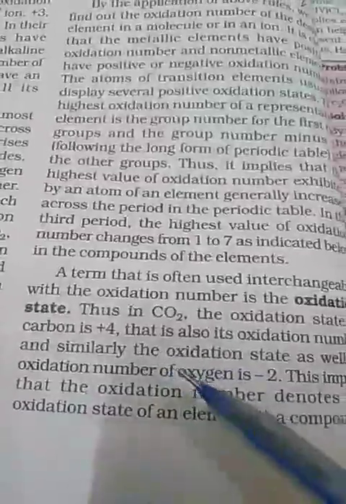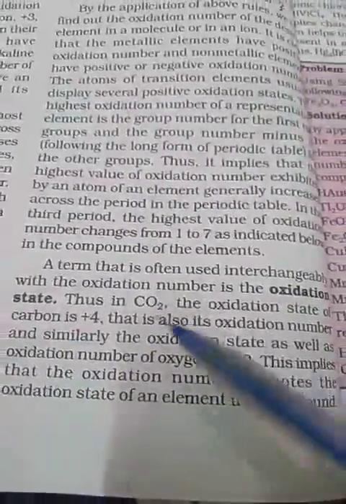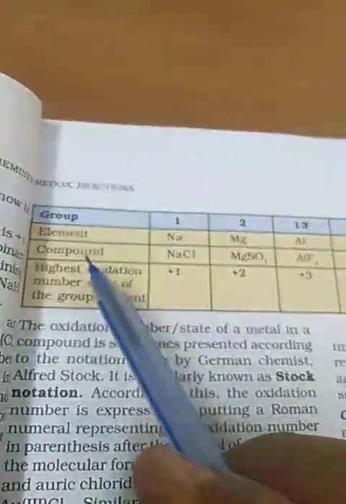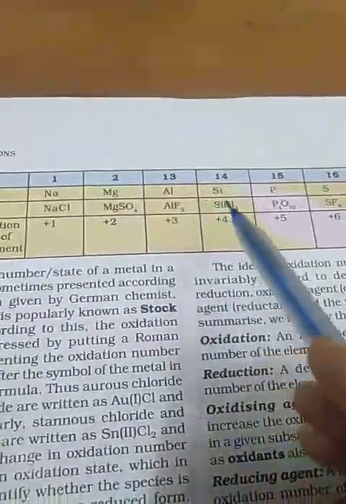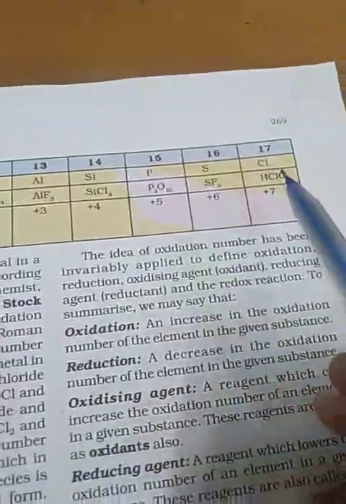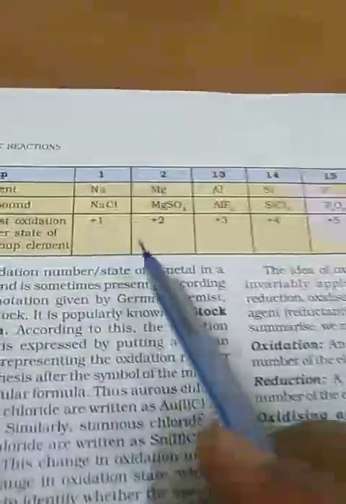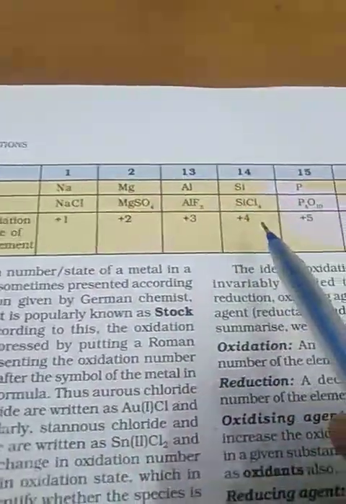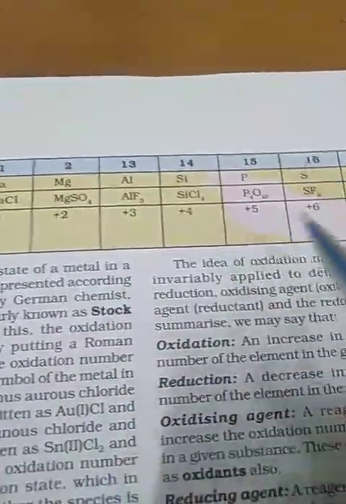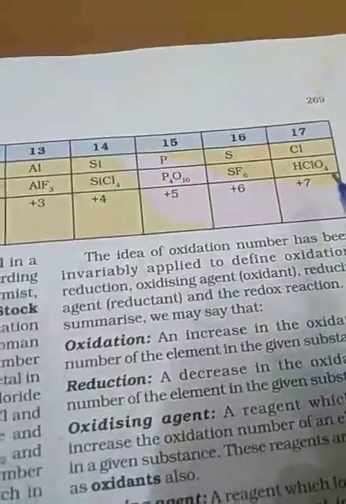Here again I am going to repeat the same things which I taught you for CO2 in carbon and oxygen. You can see the group elements sodium, magnesium, aluminum, silicon, phosphorus, sulfur and chlorine from group first to group 7th, in compounds NaCl, MgSO4, AlF3, SiCl4, P4O10, SF6, HClO4.